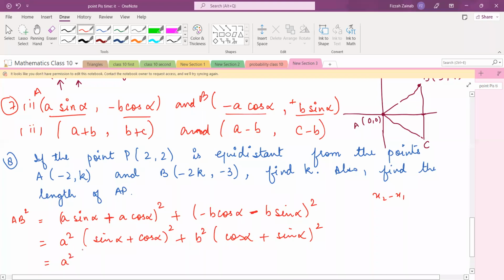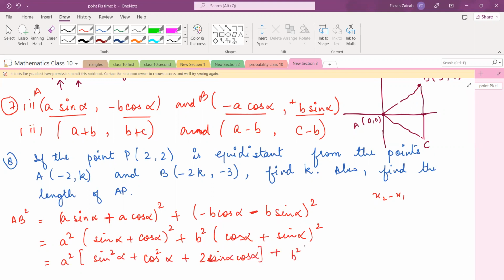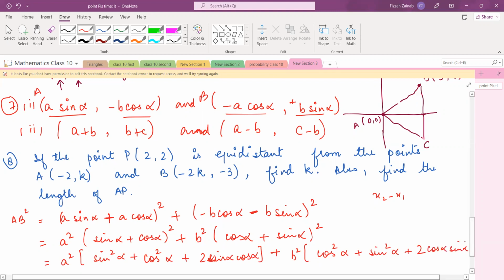So it will be A square into (sin square alpha plus cos square alpha plus 2 sin alpha cos alpha), and similarly here B square into (cos square alpha plus sin square alpha plus 2 cos alpha sin alpha), right?